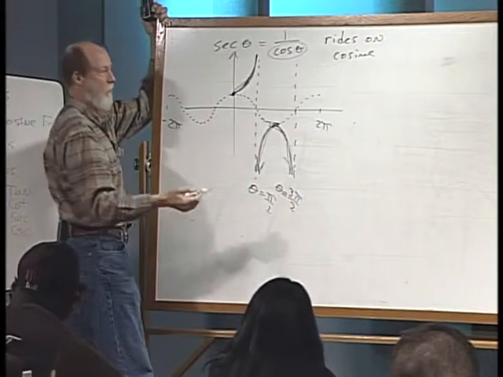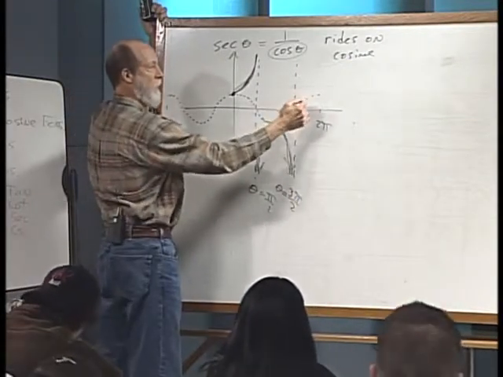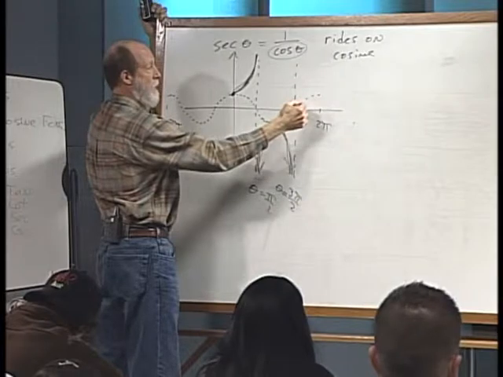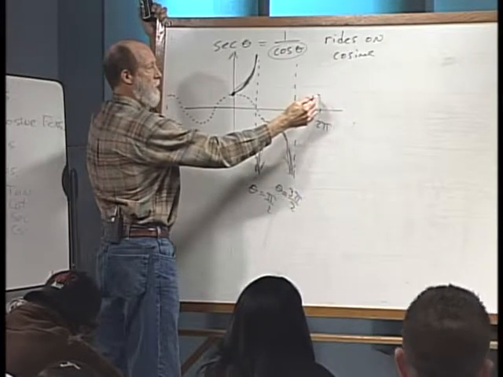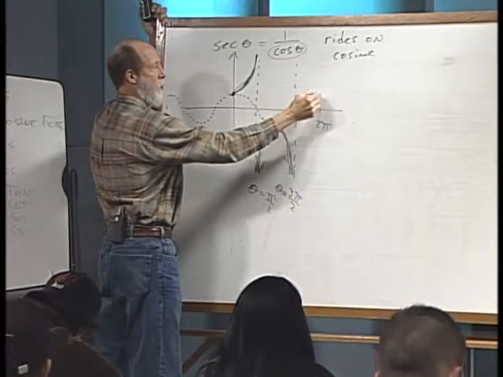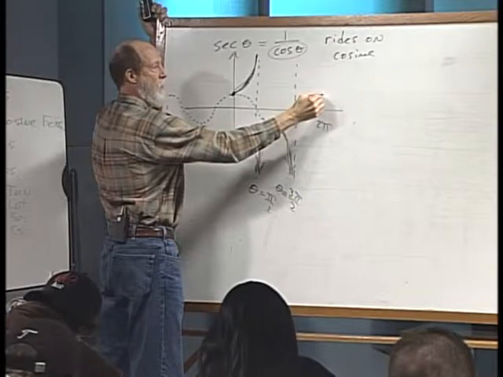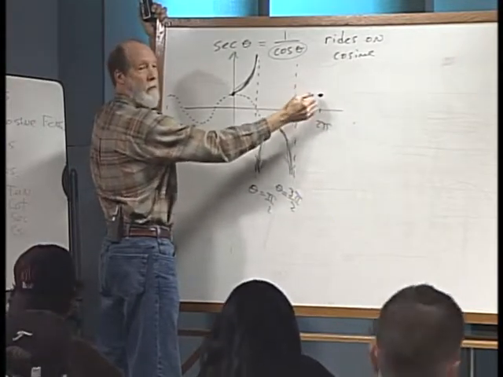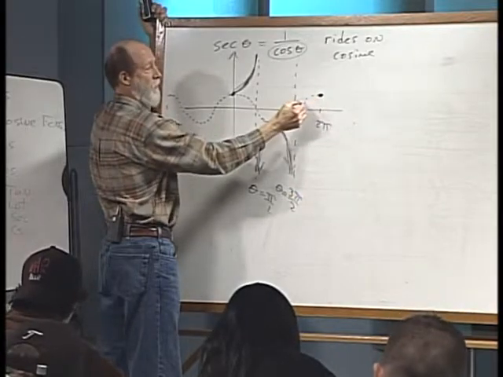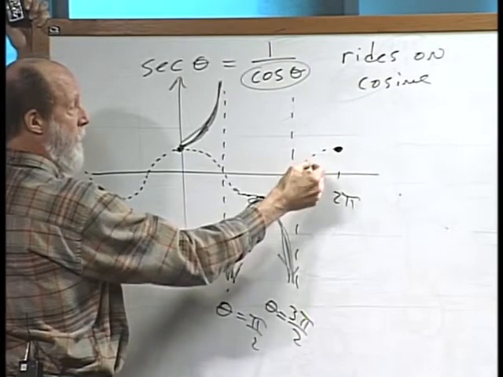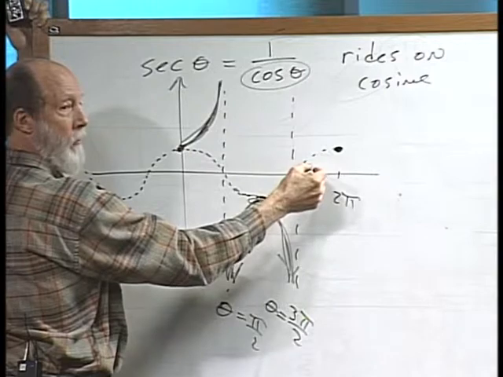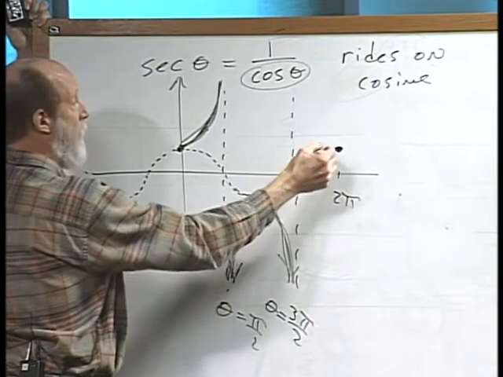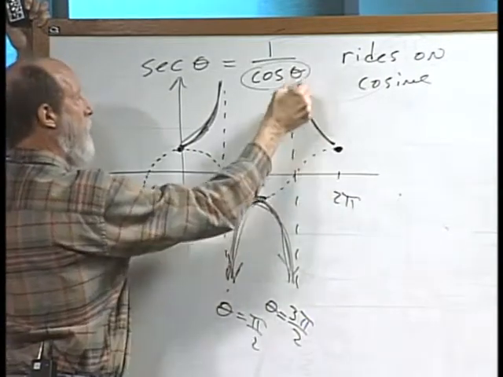Let's go over here. What happens over here? The reciprocal of 1 is 1. These are positives, and reciprocals of positives stay positive. And these are numbers smaller than 1, like a half, a third, a tenth. Reciprocals of those become bigger than 1. And so the graph looks like this.